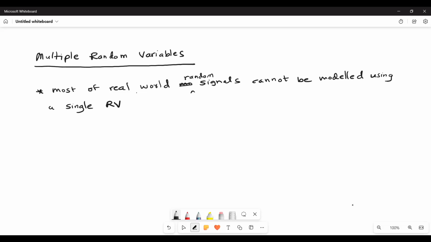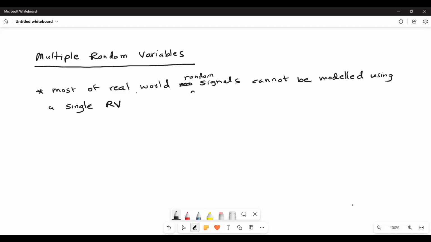The reason is that the processes that happen in the world are happening due to many factors. So we need to take the combination of those different factors or parameters, and then evaluate some kind of event occurring.